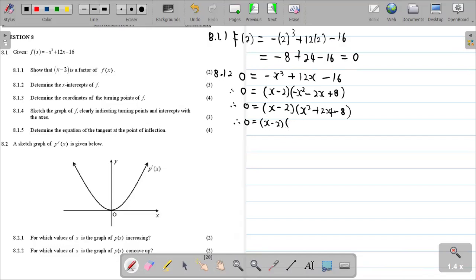And then what we have here is x, and then x, and then if we want to have a 2 here, we must have a positive 4 and a negative 2. So it means therefore x equals 2 or x equals negative 4. So there are two, so meaning there's a turning point here.